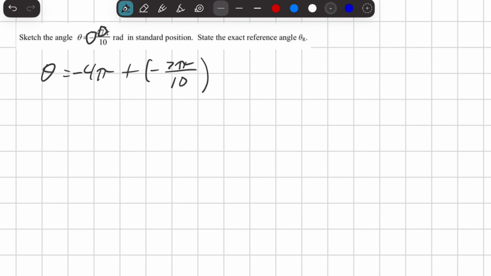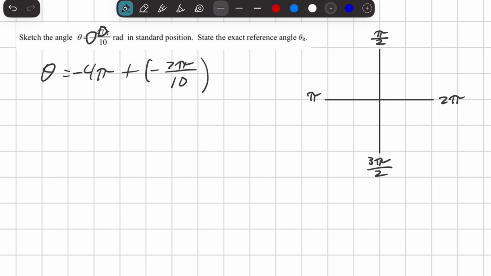Okay, and then for 90 degrees, I can actually just go ahead and write this here. We know for 90 degrees we have pi over 2, pi for 180, 3 pi over 2 for 270, and then 2 pi for 360. And pi over 2 is the same thing as 5 pi over 10.